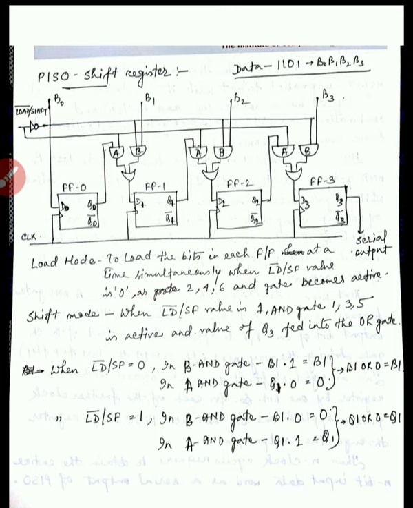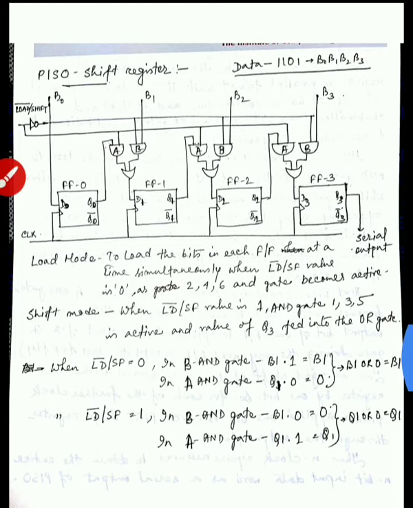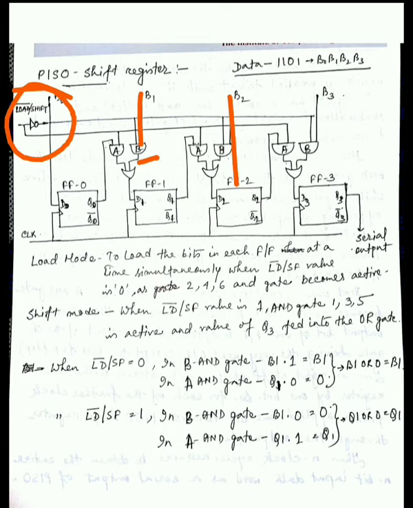So this is the main process: the parallel in serial out flip-flop is totally controlled by the load and shift control value. According to this control value, when B gets active, all the inputs are fed into the flip-flop, and whenever it gets 1, A is active, then the previous input value goes into the next flip-flop.